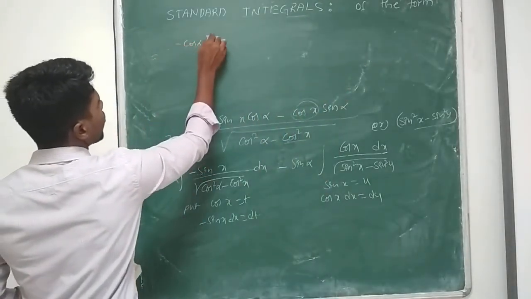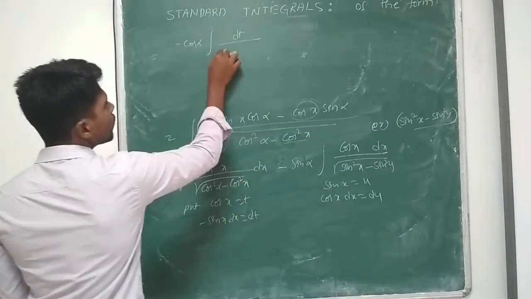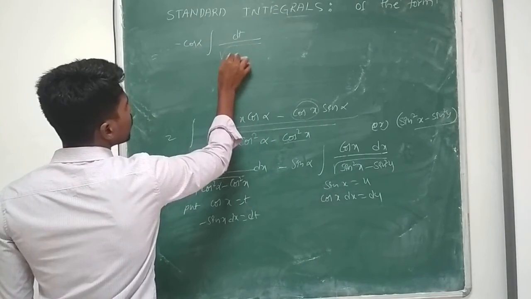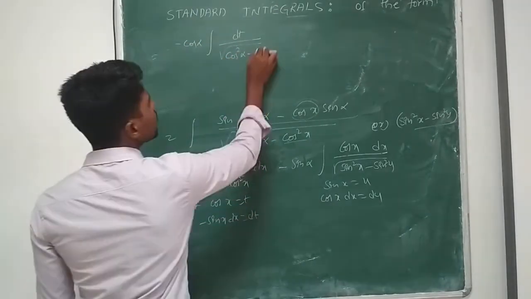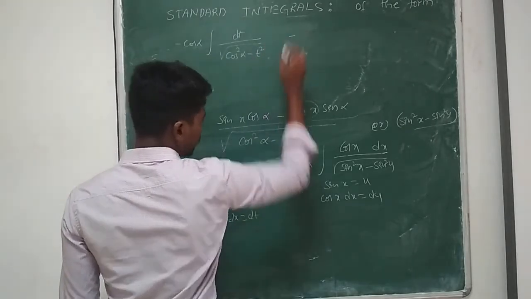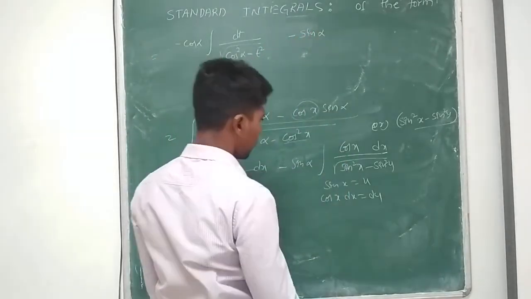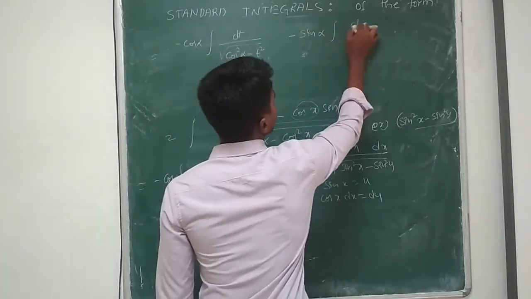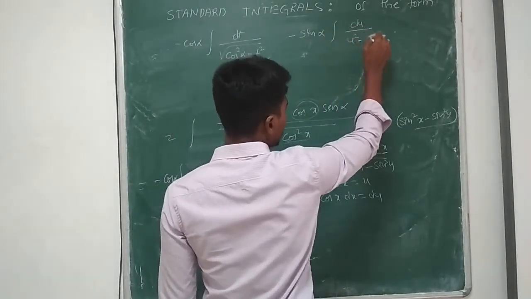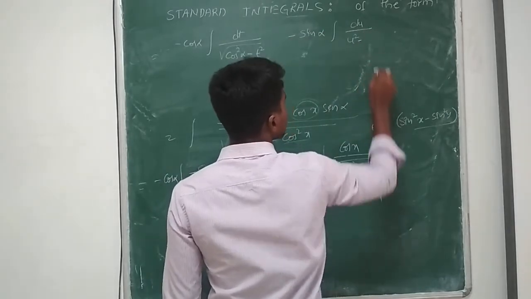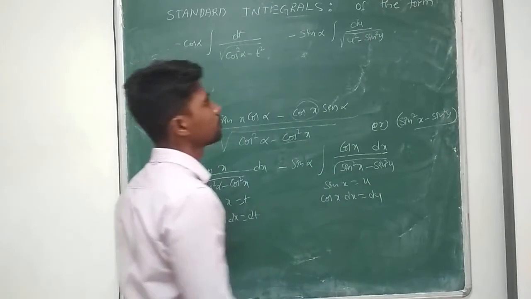minus cos alpha integral dt by root over cos square alpha minus t square, since I took cos x as t, minus sin alpha into integral du by root of u square minus sin square alpha, sin square alpha as a constant.